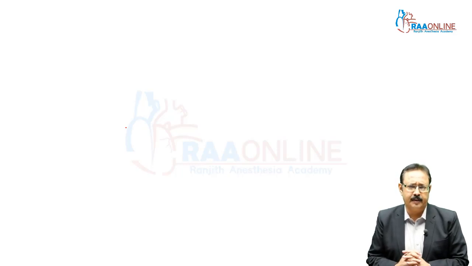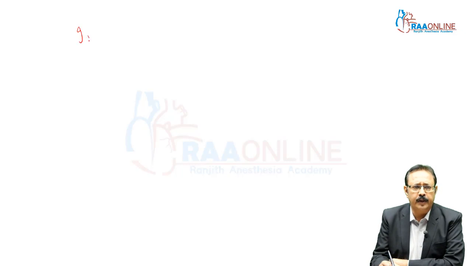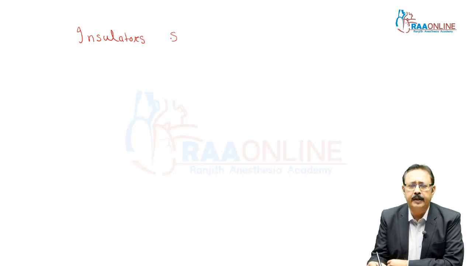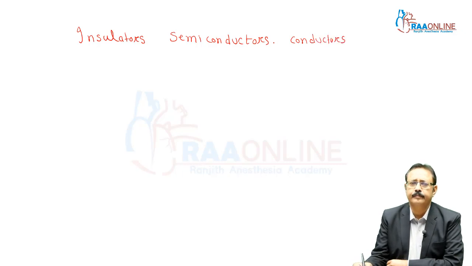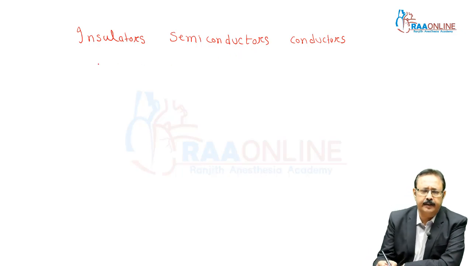What are energy bands? We divide material in three parts: insulators, semiconductors, and conductors. What is the difference between these three?